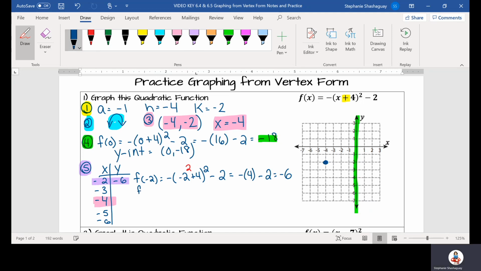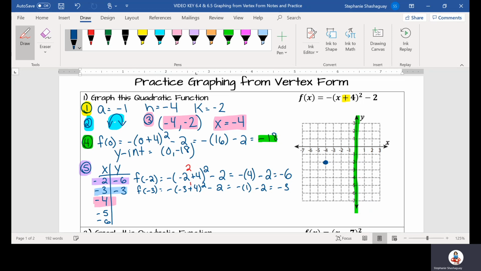Now I'm going to find f of -3. That's going to be negative (-3 plus 4) squared minus 2. Well, -3 plus 4 is just 1. 1 squared is 1. So I'm going to have -1 minus 2, which is equal to -3. That's my next point, and I'll highlight that in a different color on this graph.